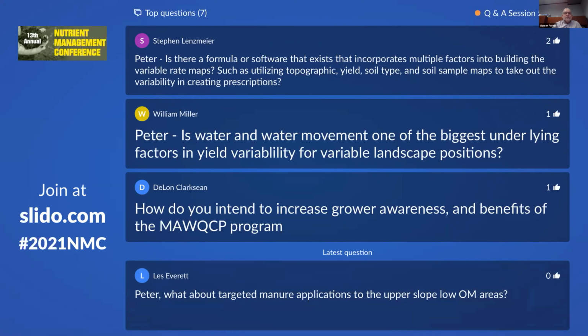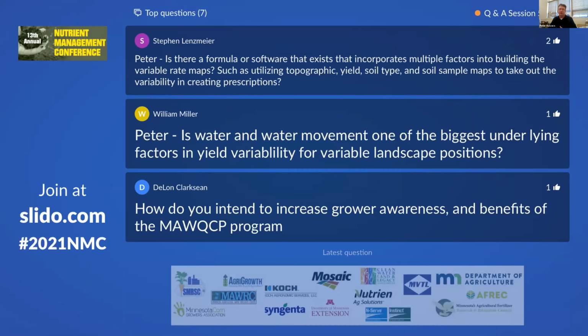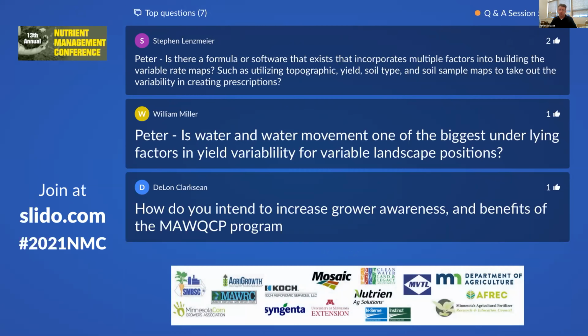That is an excellent question. I have a feeling that probably there is no one-button or one-size-fits-all solution. Certainly the more common software, in their advanced versions, have those multi-layer or comparison analyses, which should allow comparing your yields to different factors or different data layers you have.